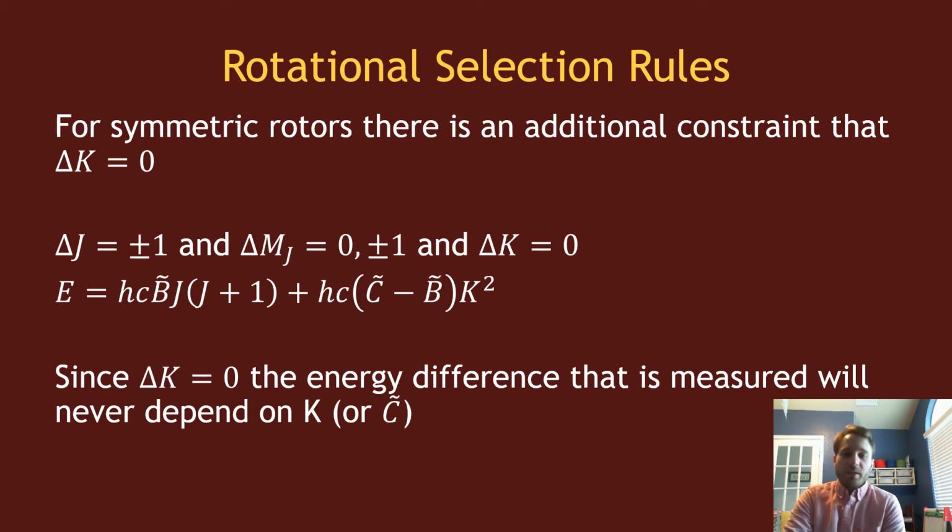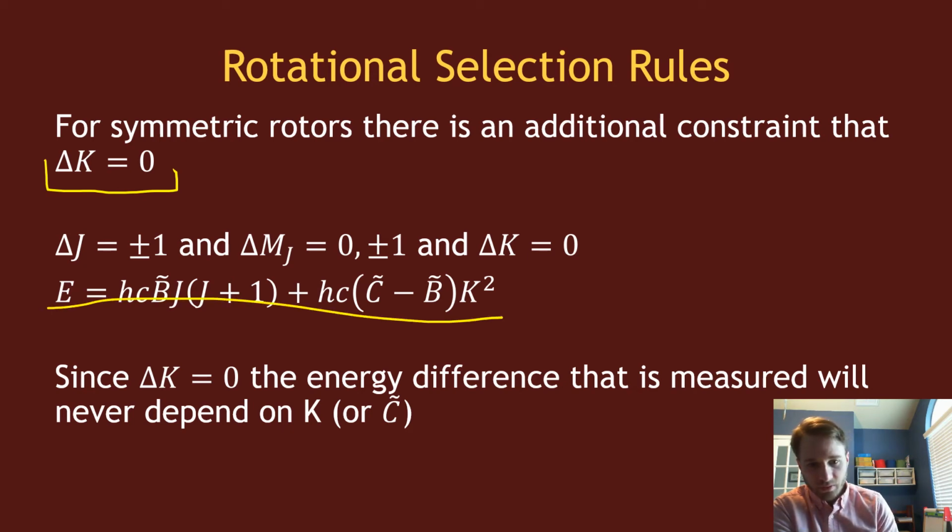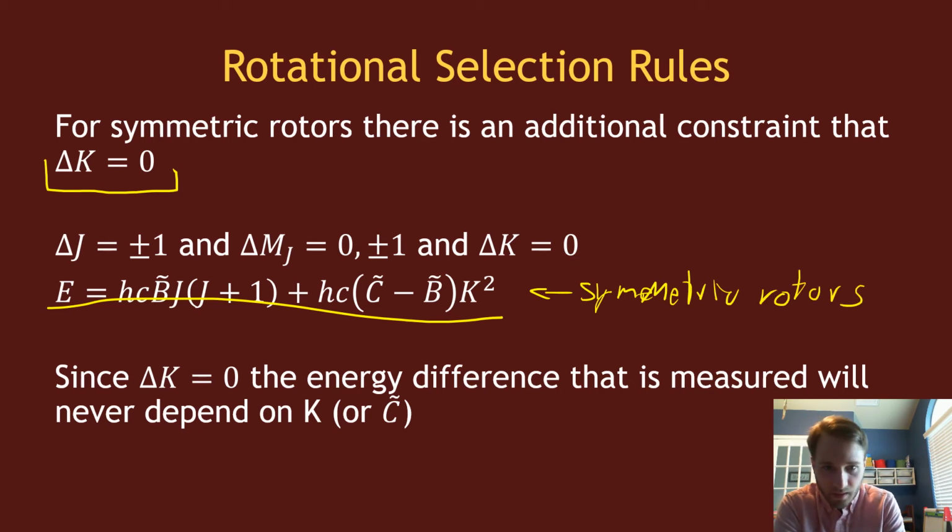So for symmetric rotors, there's an additional criterion that the K value cannot change. Right here we have the energy for symmetric rotors. For those symmetric rotors, the K value cannot change, so delta K is equal to 0.